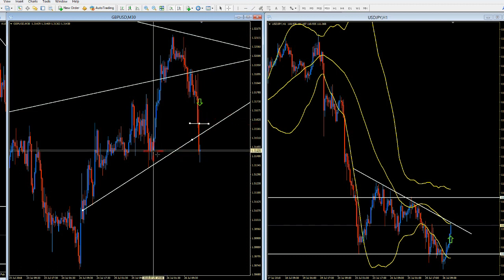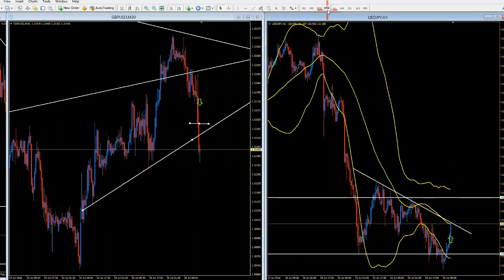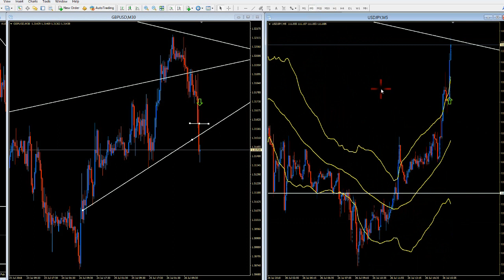And if this support here breaks, then I can move down the stop loss even further to the trend line here, maybe to secure even more profits. So nevertheless, this is a winning trade. It's not going to lose regardless of what happens. We're going to be in the profit. And this one, the USD/JPY, a few minutes to go, about 7 minutes to go. So I will pause and get back to you.